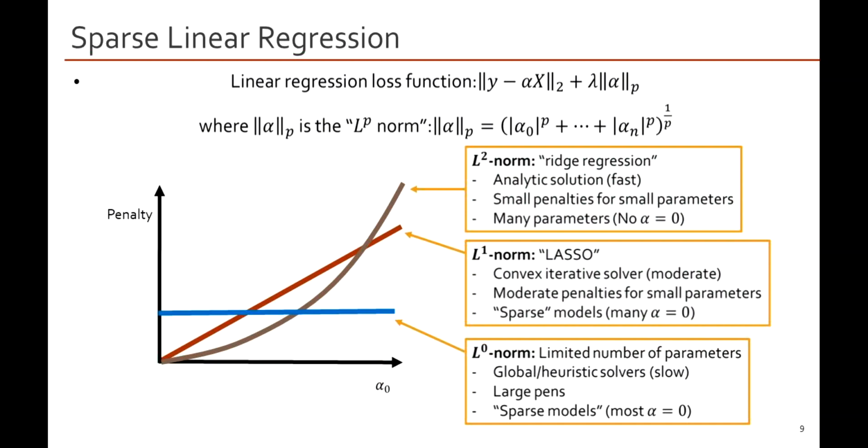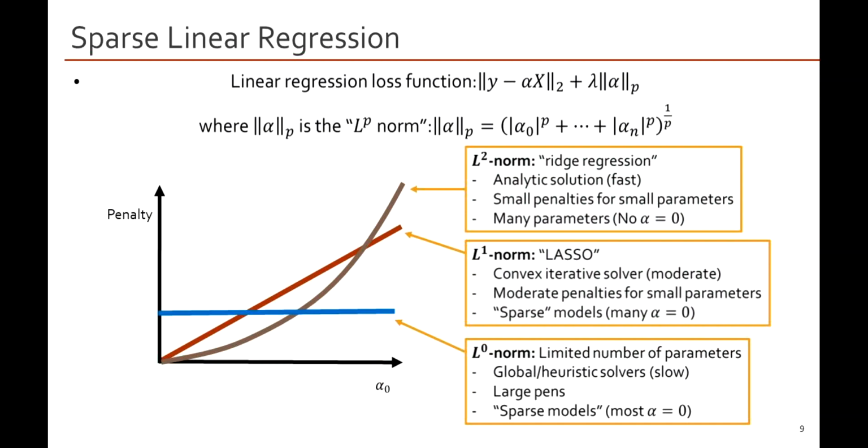Now this leads to very sparse models, in the sense that there's a benefit to choosing a model form that has the smallest number of parameters possible. But this is neither analytically solvable nor a convex optimization problem, which rules out gradient descent-like solvers that are at least moderate in their computational costs.